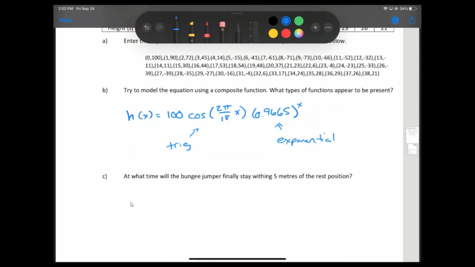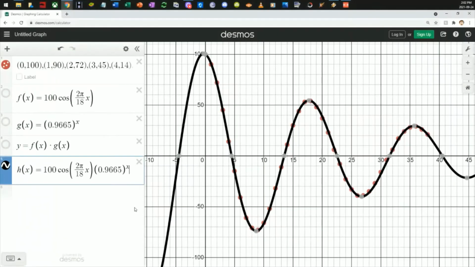So mathematically, this would be tricky to solve, but we have a tool. We have Desmos. So what I'm going to do is just say, okay, if they're within 5 meters of the rest position, which on our graph is 5 meters of zero height. And by the way, I should point out zero height here is not the ground itself.